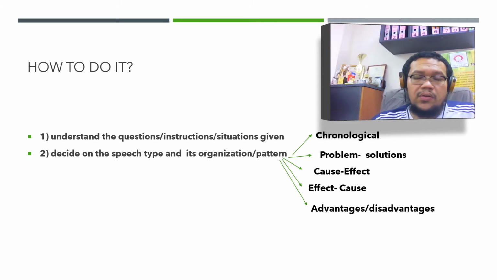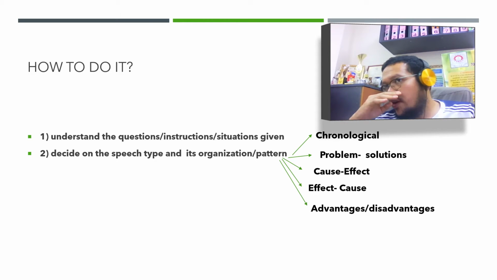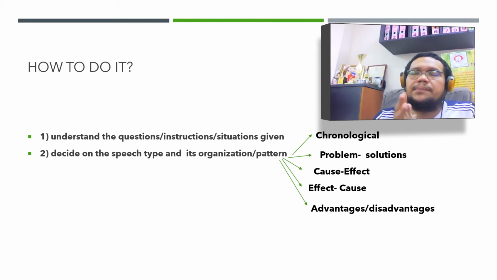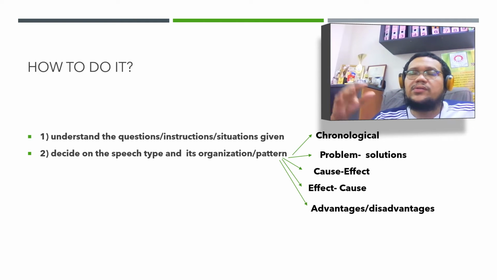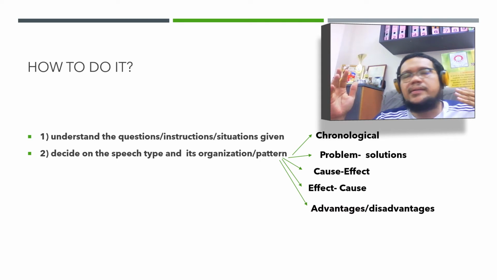For example, chronological, maybe you have to explain the steps to study smart, so you will explain first, second and third, so it's about a process, so it's chronological. Or maybe you want to talk about something historical, the history of Malacca. So you will explain what happened in historical Malacca from 1,000 years ago until now.